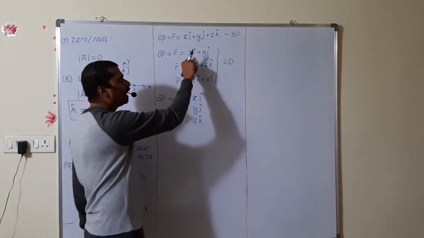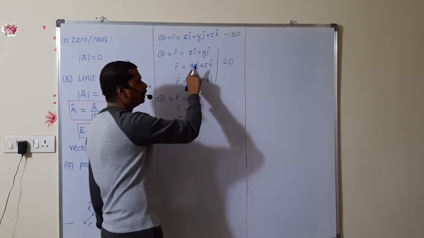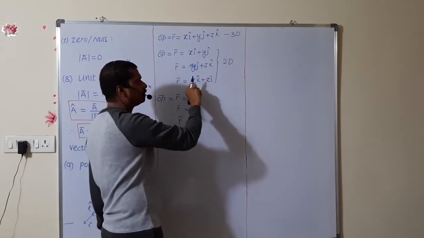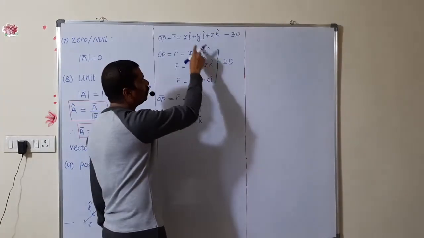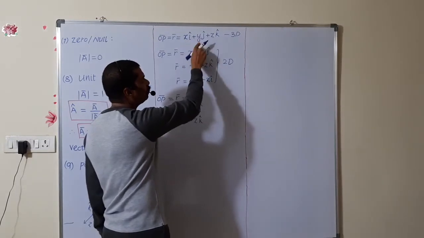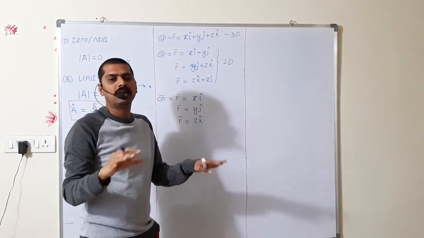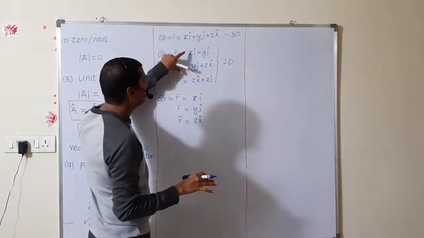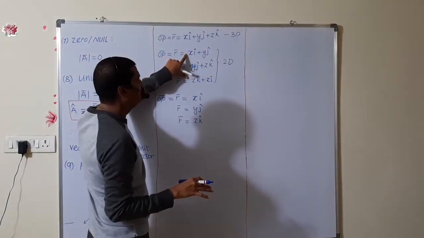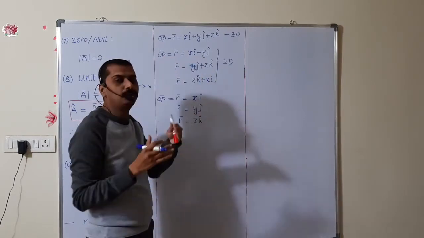Here, along the x-axis and y-axis, the y-axis and z-axis, the z-axis and x-axis. If you observe, in three-dimensional motion the position changes simultaneously along all three axes. In two-dimensional motion the position changes simultaneously along any two axes, which we can say is in one plane.